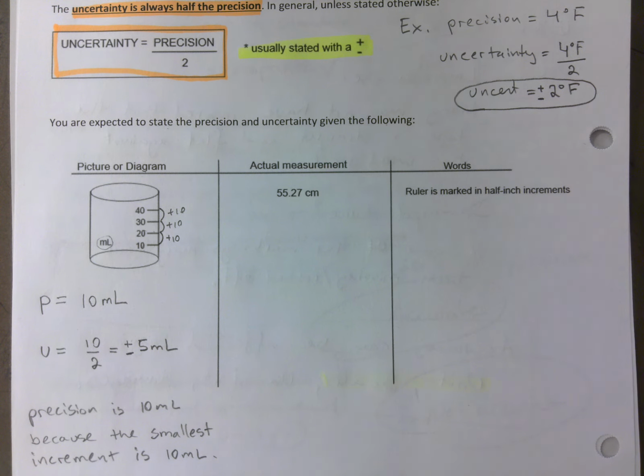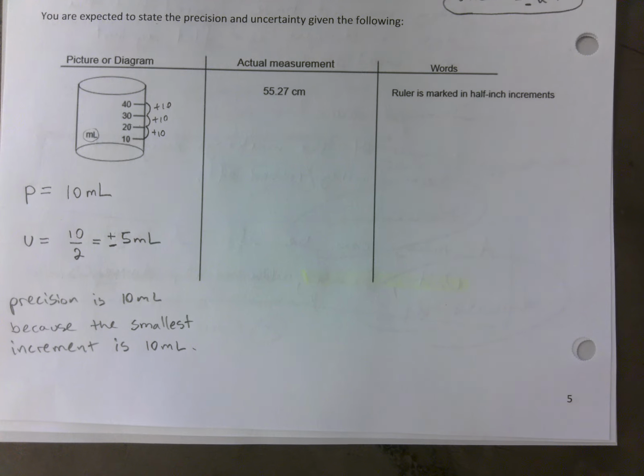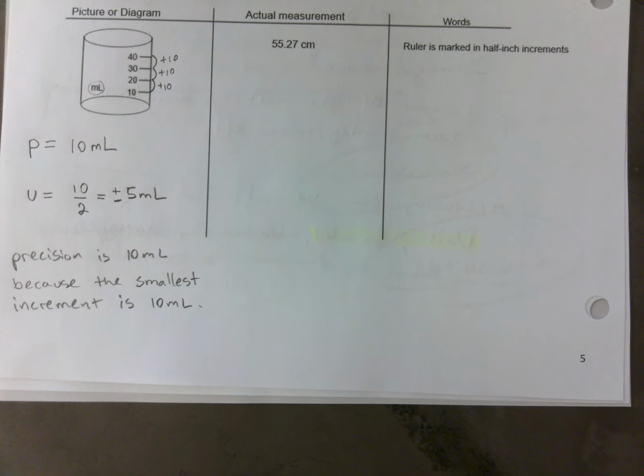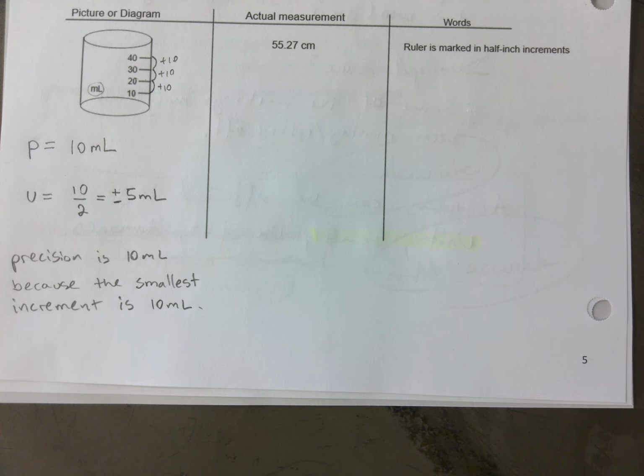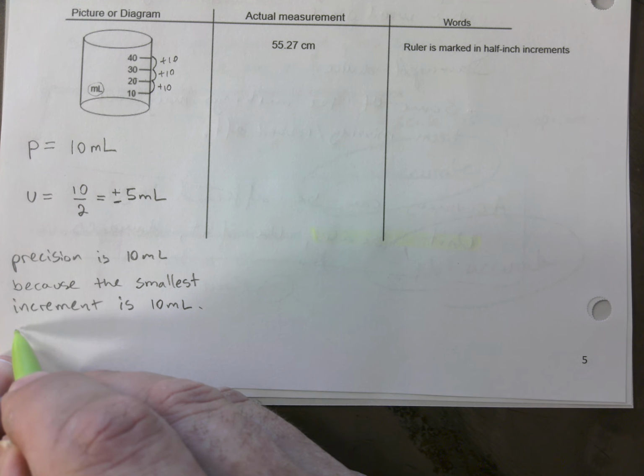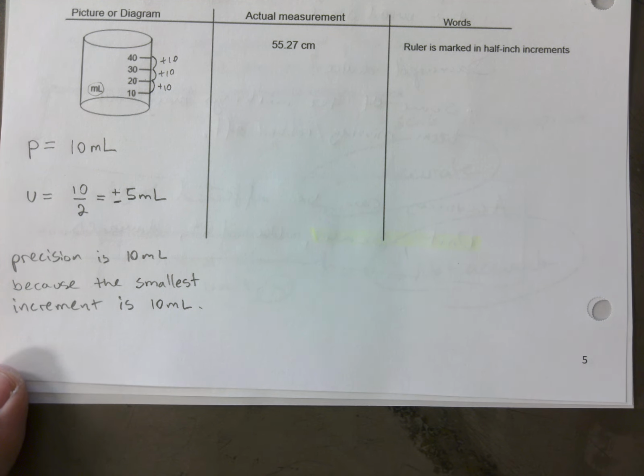Hold on, I'm going to put it further up. Some of you probably can't see because someone's head is blocking that, right? Precision is 10 milliliters because the smallest increment is 10. And I'll just leave it at that.